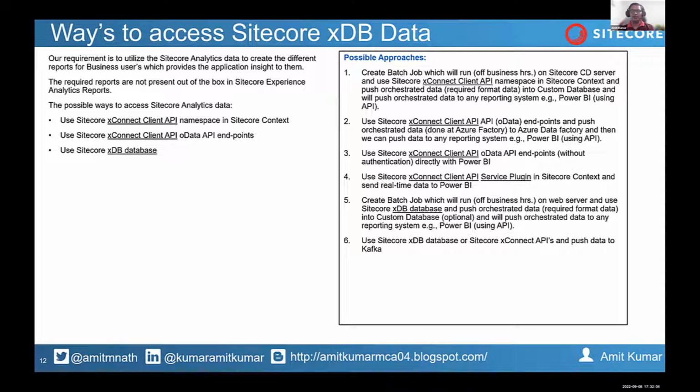The other is that you can directly add OData endpoints to Power BI. But in those cases, Power BI does not give you the opportunity to pass the user ID and the password. You need to remove the authentication from the client API, so it will open up security breaches. So then you need to think about an IP restriction or a virtual VLAN, right?